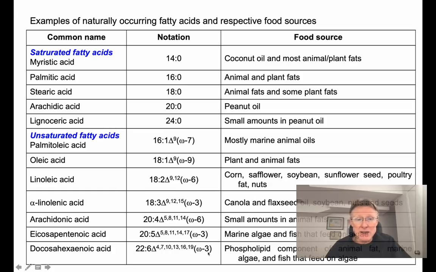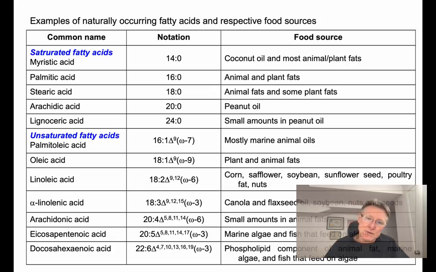As you can see, it's just a question of the variation in carbon length and the number of double bonds that affects the nomenclature, because you have to establish how many double bonds they have, in what positions, and whether they are omega-3, 6, 9, or 7, depending on what you find.